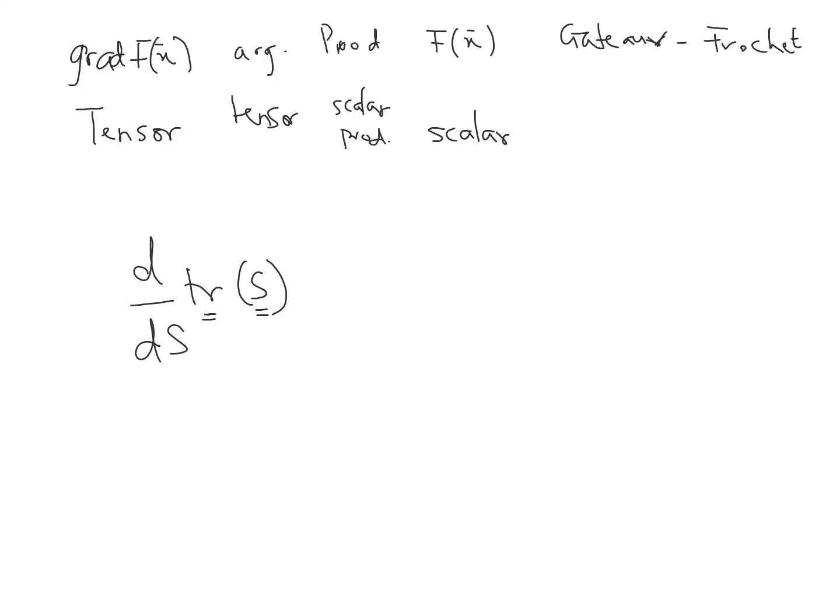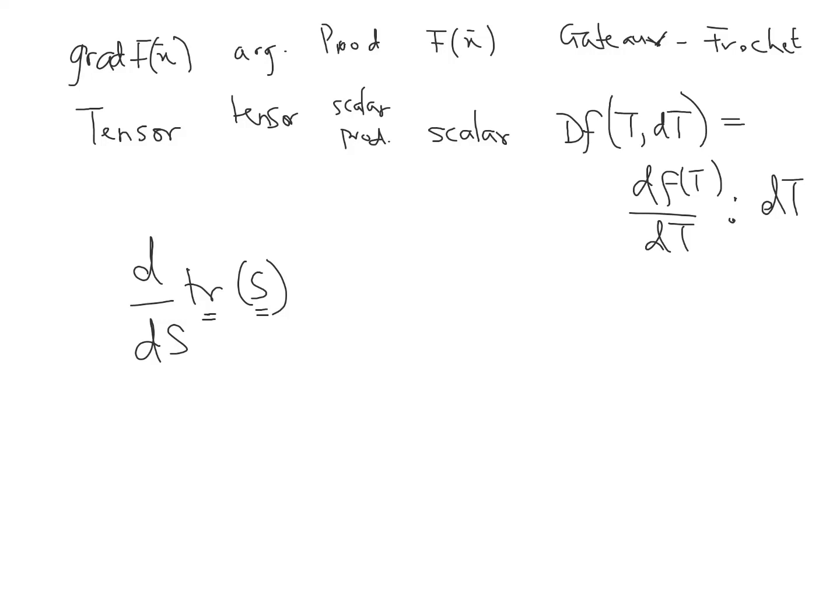You will see that the Gateau differential of a scalar function with tensor arguments is equal to df/dT scalar product dT. That's why I told us that we needed to understand this table.